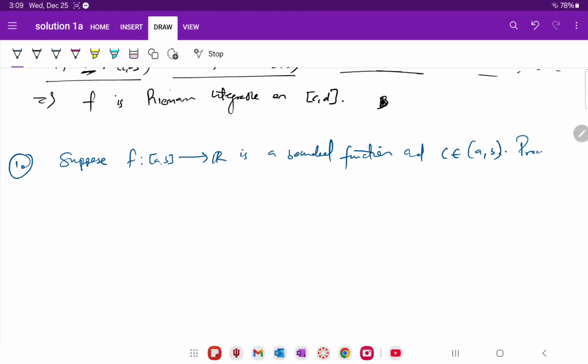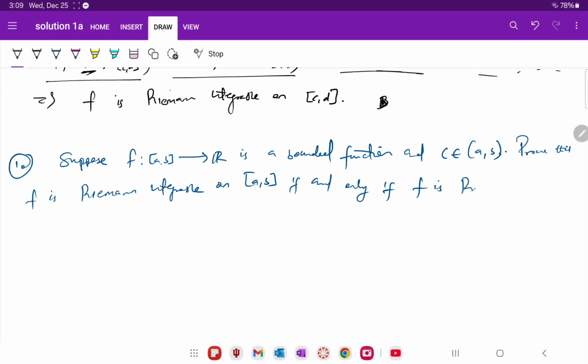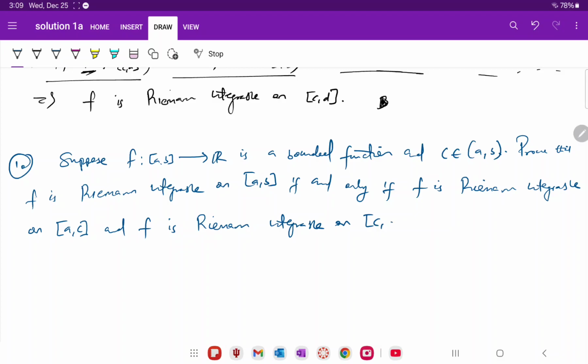Then we have to prove that f is Riemann integrable on a, b if and only if f is Riemann integrable on a, c and f is Riemann integrable on c, b.